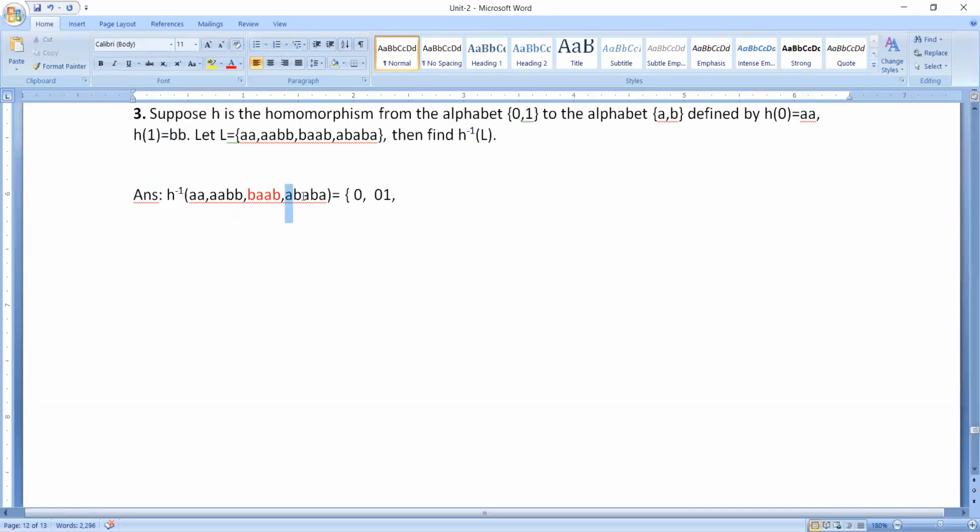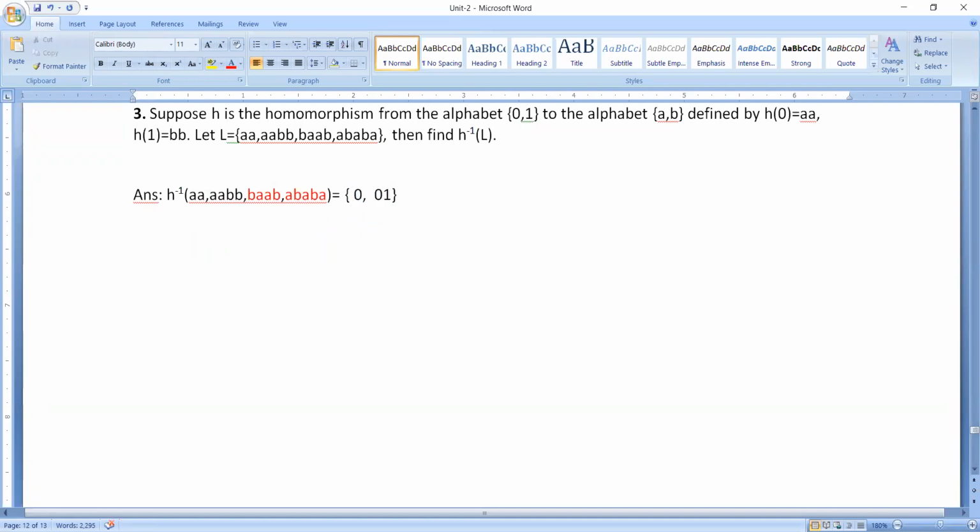So this string also cannot be converted in terms of the alphabet of zeros and ones. That is the reason why, when I apply the inverse homomorphism on these strings, this is the inverse homomorphic value which I am going to get.